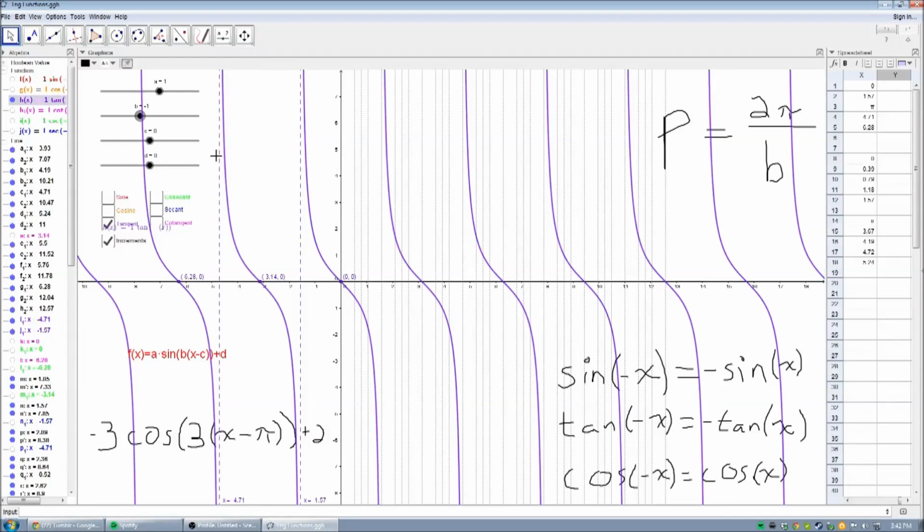Those are going to be the exact same functions. So there are some properties that will be good to know. You need to know these so that you can essentially modify your problem. So if you have a negative b variable, don't even worry about it. If it's a sine or tangent, just change it to a negative function. If it's cosine, you can just get rid of it. It will not change the problem.